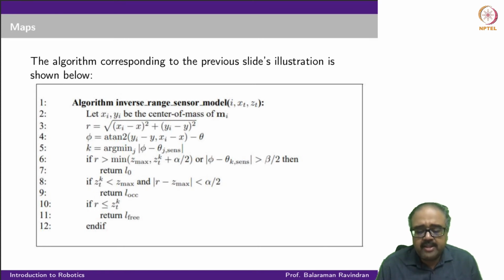Among all the possible sensors that could be looking in that direction, remember z_t is a collection of all sensor readings, I picked the one that is pointed most in the direction of the object.